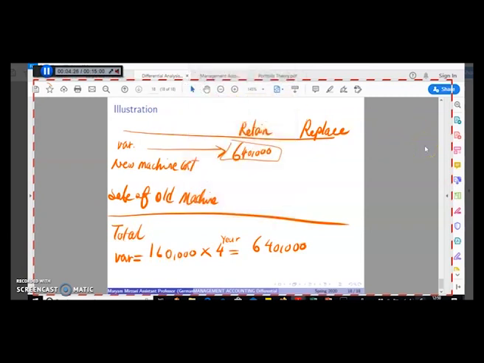Now, how much do I have if I sell the old machine? Zero. And as long as I don't need to pay anything for the new machine, because I'm planning to use the old machine, there is zero for the new machine cost. Now, I want to replace it.